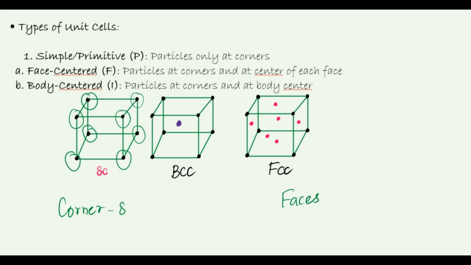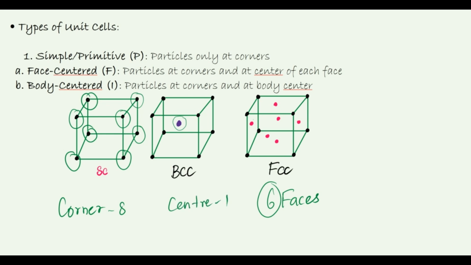Along with the corners, atoms are arranged on the faces as well. Body center: along with the corners, the body center, the centerpiece of the Rubik's Cube, the middle one, is also there. That is only one.